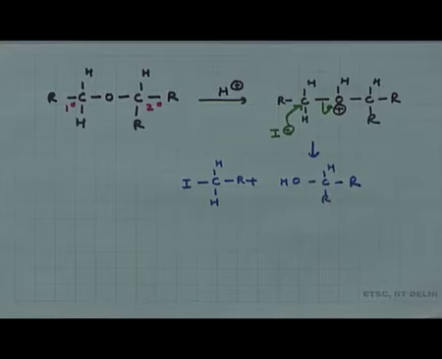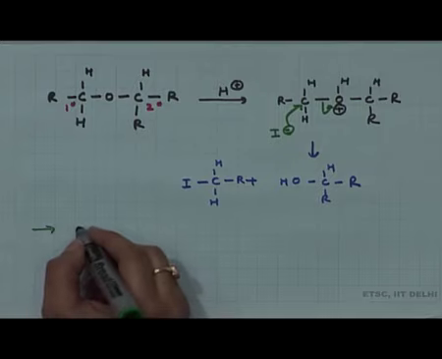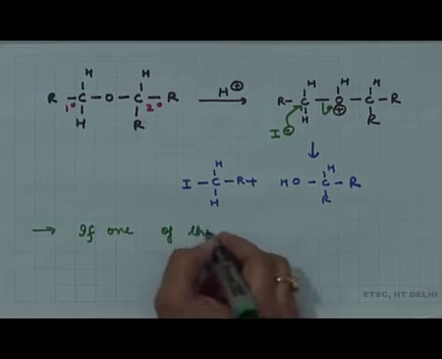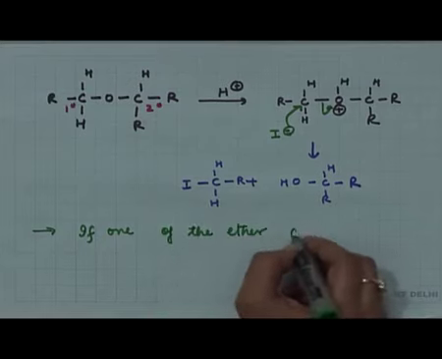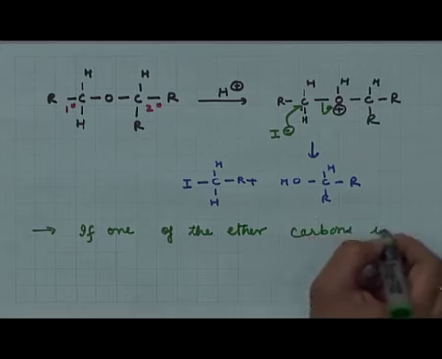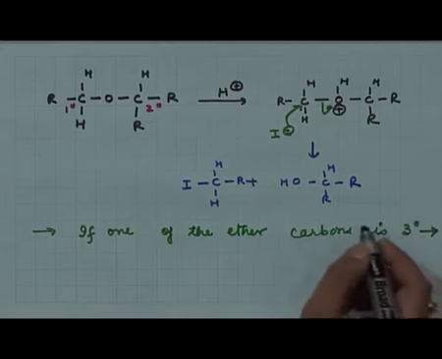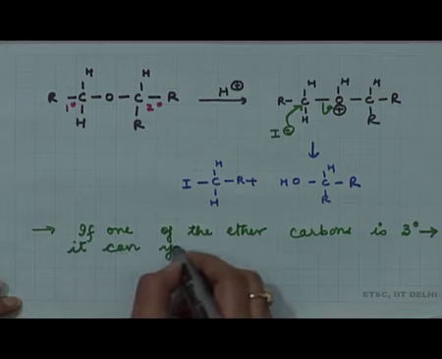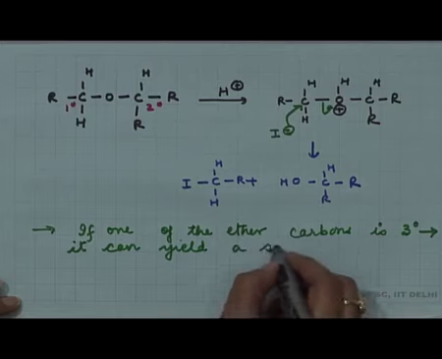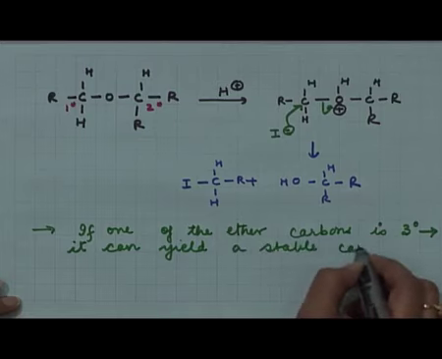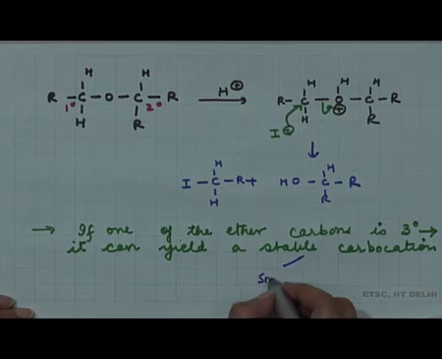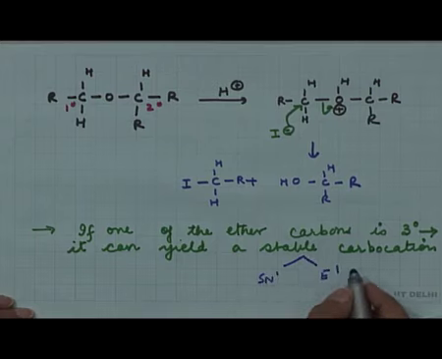So, this is one of the conditions. The second condition is that if one of the ether carbons is 3 degree, it can yield a stable carbocation. Once you have a carbocation, from there on both SN1 and E1 can operate.